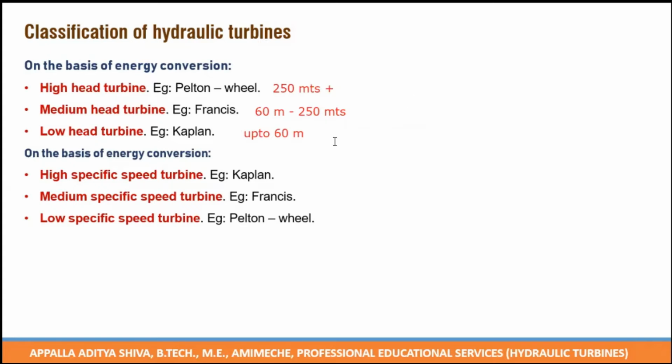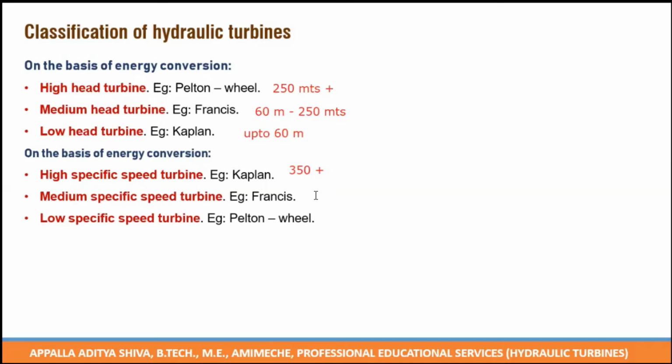For a turbine, we have different specific speed formulae, which will come in the last part, when we deal with the performance characteristics of the turbine. Then we have high specific speed turbine, which is the Kaplan turbine. The Kaplan turbine has a specific speed of 350 or more, 350 plus.